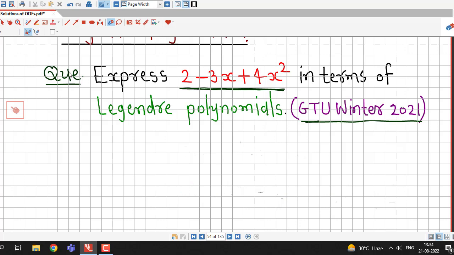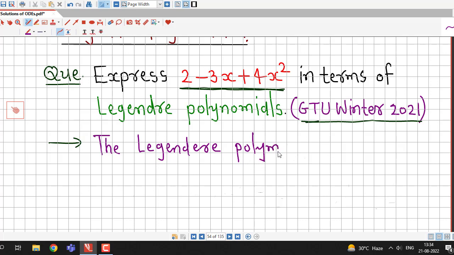So first I am writing the first 3 Legendre polynomials, which are required for this question, for n equal to 0, 1 and 2.